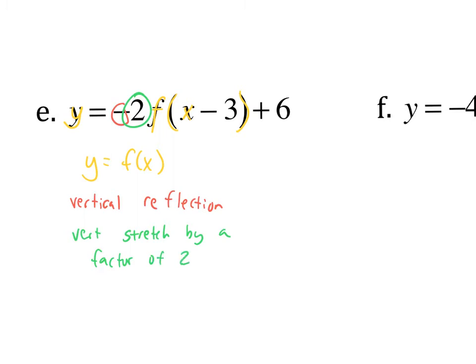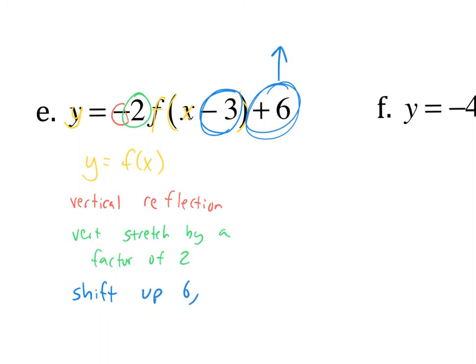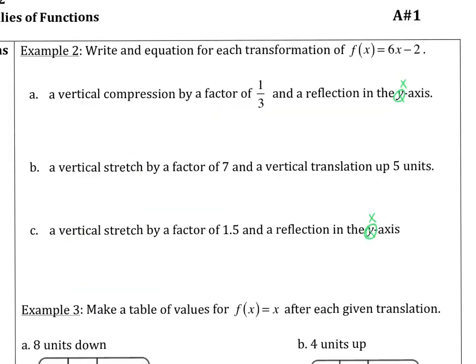Next, I have 2 things going on. I am shifting it up or down, and left or right. So I'm going to say both of those at the same time. I'm going to shift, in this case, up 6 and right 3.